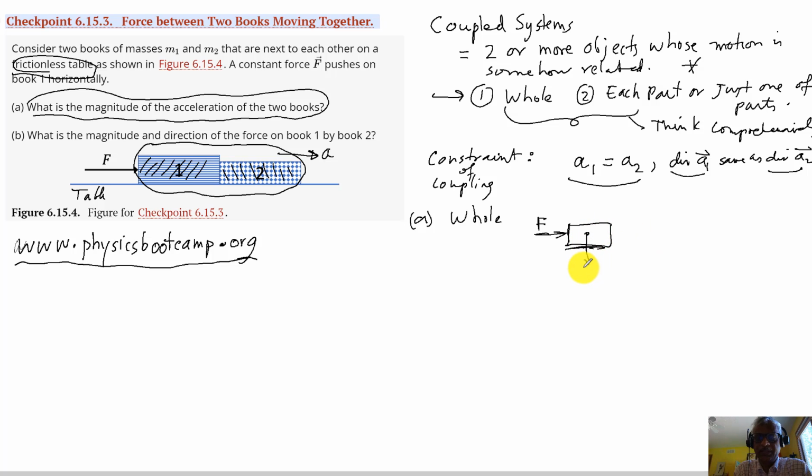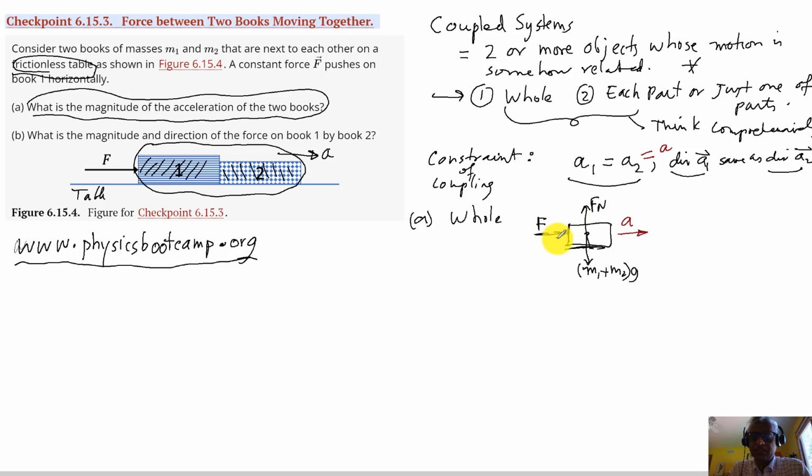Then we have a weight, m1 plus m2 times g, and a normal force. That's all the forces. As a result, the acceleration is that way. Because there's only one value of acceleration, just call it A.